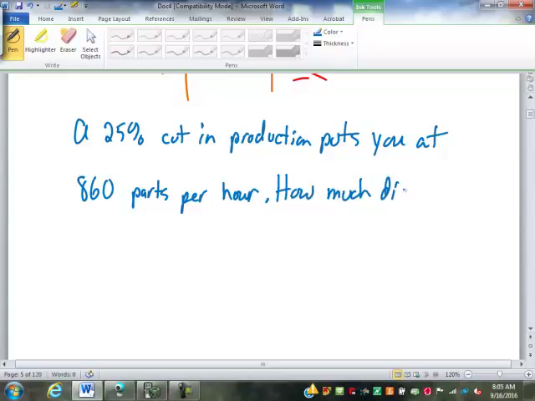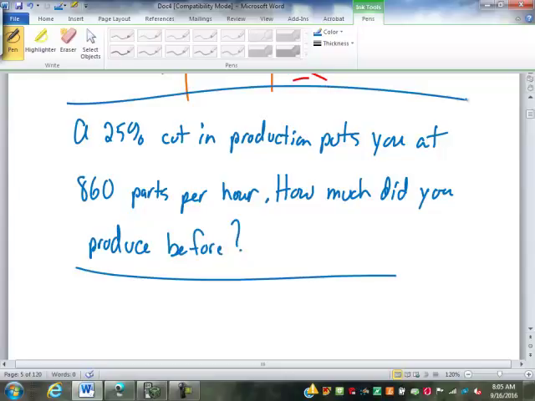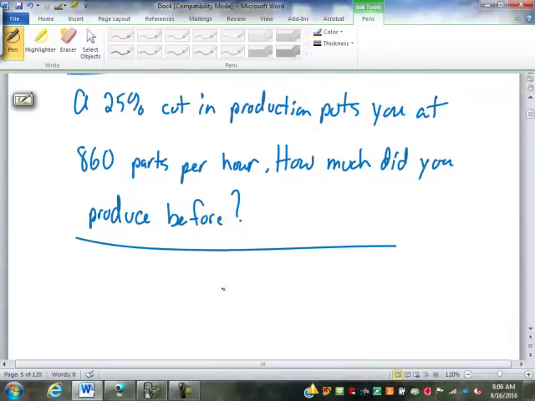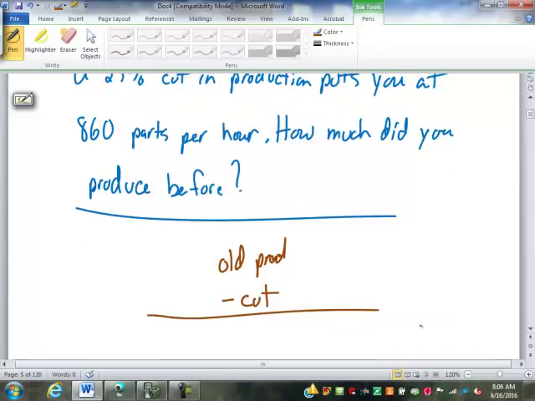How much did you produce before? So like in this one, you'll have the old production minus your cut or your slowdown, however you want to word it, and you get your new production.